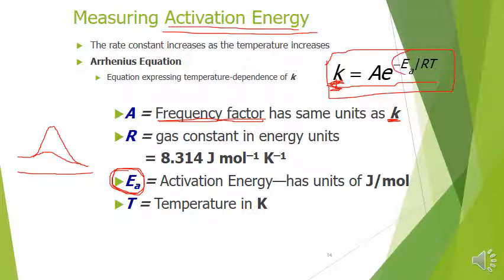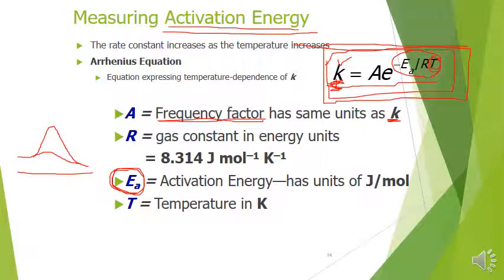So if you look at this up here, it says minus Ea. Let's look at temperature. If temperature is in the denominator, that means the whole term is going to change. We'll have to look at this whole equation, but basically if you increase T, it'll increase k.